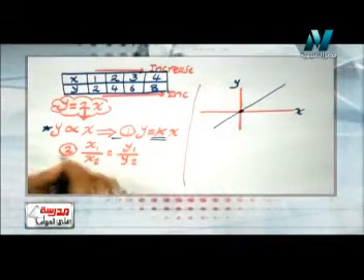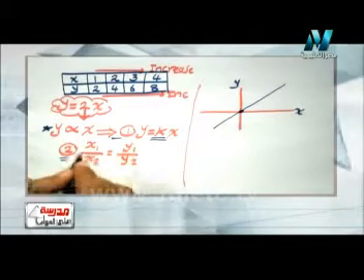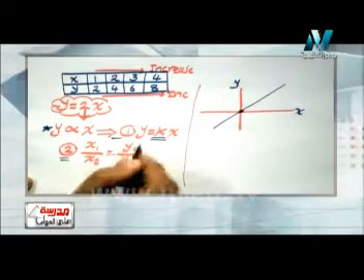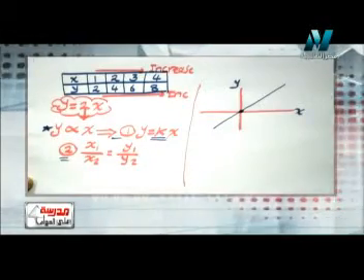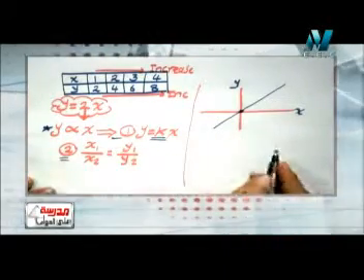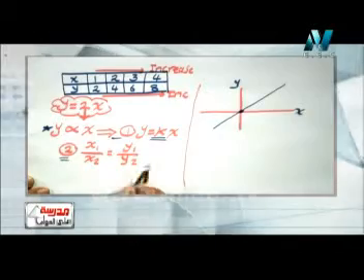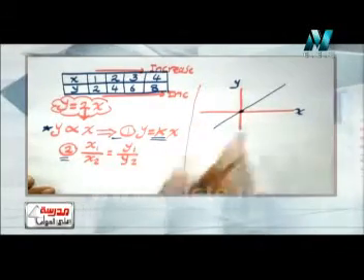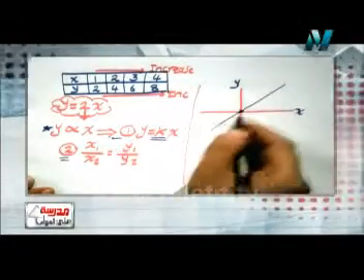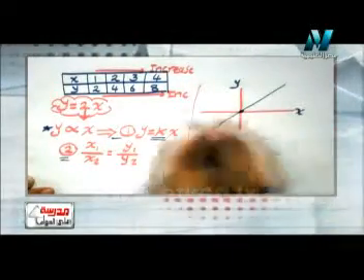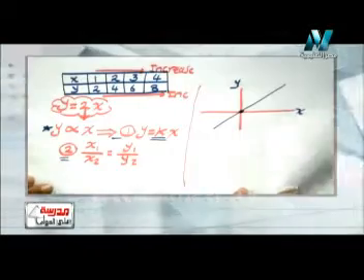Second rule, x1 over x2 equals y1 over y2 from the table. What about the graphical representation of the direct variation? We have two axes, x and y, and a straight line passing through the origin point and increasing from left to right. What about the inverse variation?